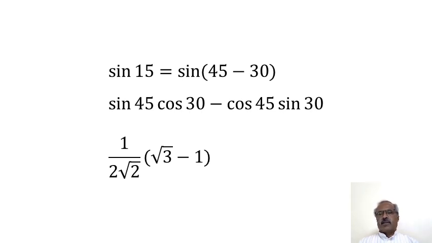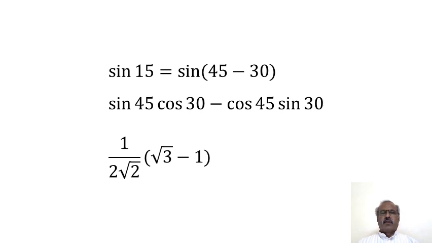Let us recall that from an isosceles right triangle, sine 45 and cos 45 both equal 1 over square root of 2. And cos 30 and sine 30 are obtained from the 30-60-90 triangle from an equilateral triangle: cos of 30 is square root 3 by 2 and sine of 30 is 1 over 2.